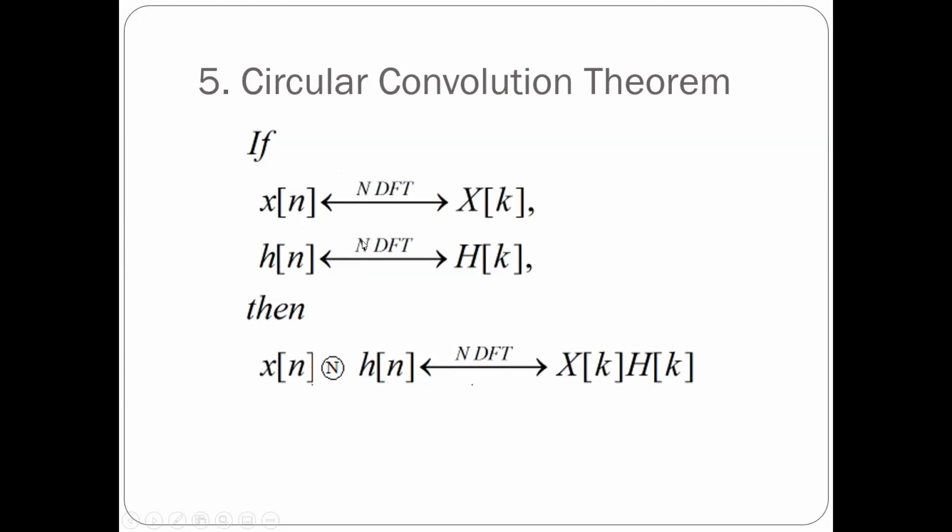So that could be the usual case. You know that the linear convolution of x of n and h of n will be of length L plus P minus 1, that we have discussed.